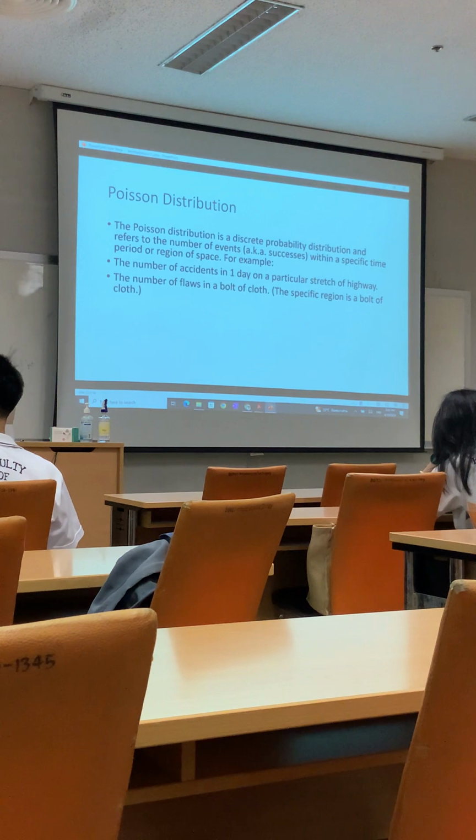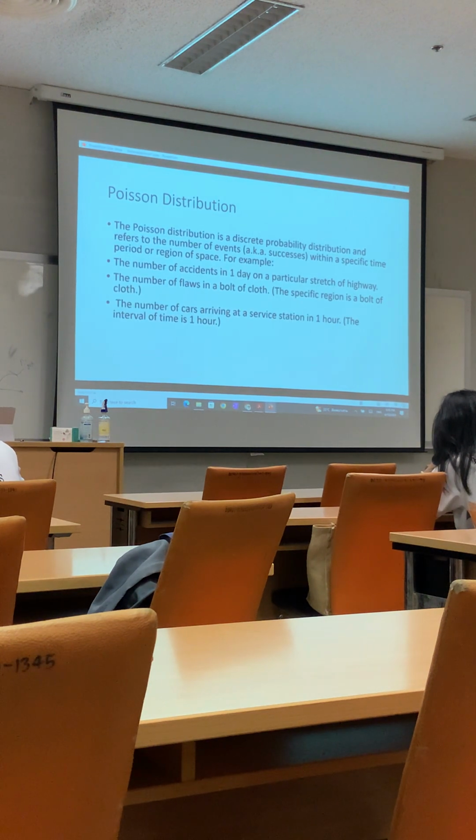The number of flaws in a piece of cloth, basically just a unit of cloth. So the second example is when you refer to a space, not a time space, but an area on the cloth.